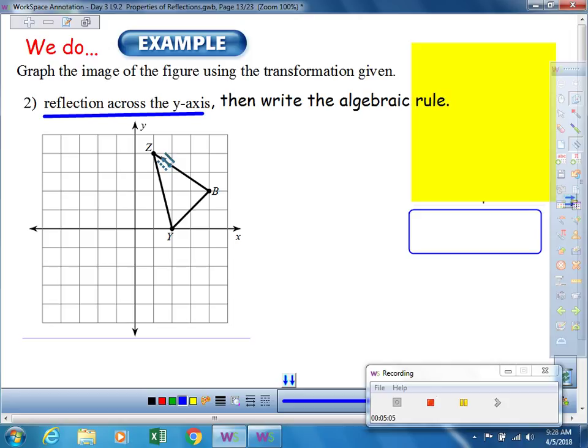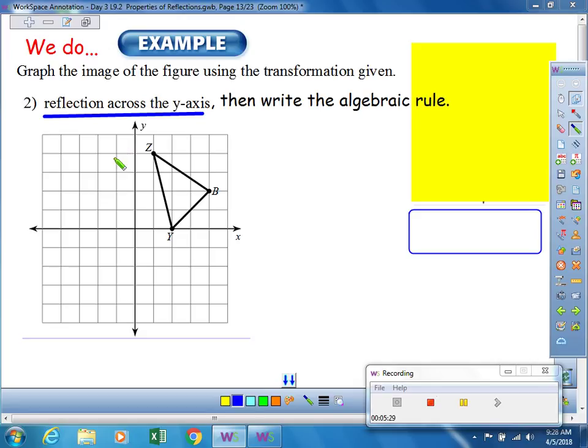All right, so now, if you have a highlighter, take it out, and let's highlight the y-axis. If you don't have a highlighter, I would take out a red pen and go over the y-axis with your red pen so that you're kind of forced to go towards that line.